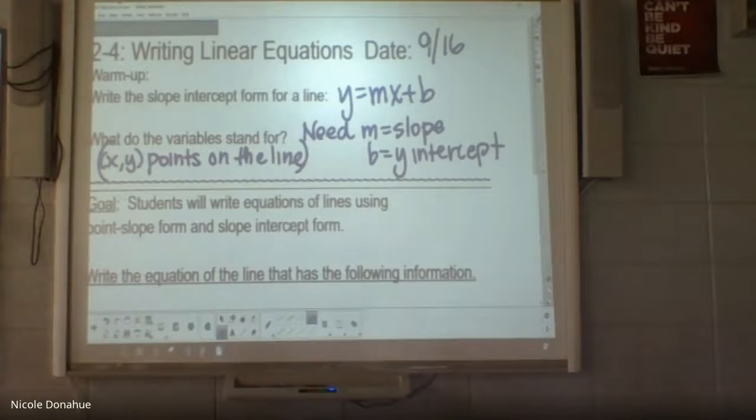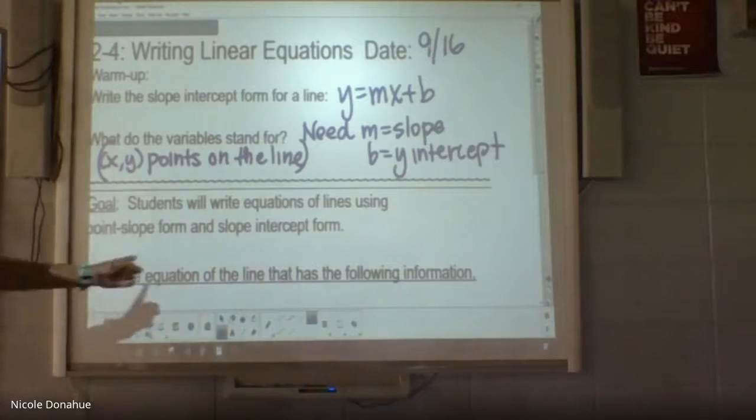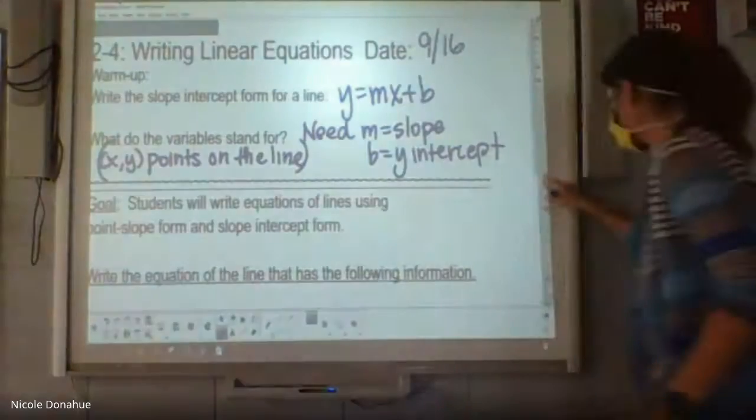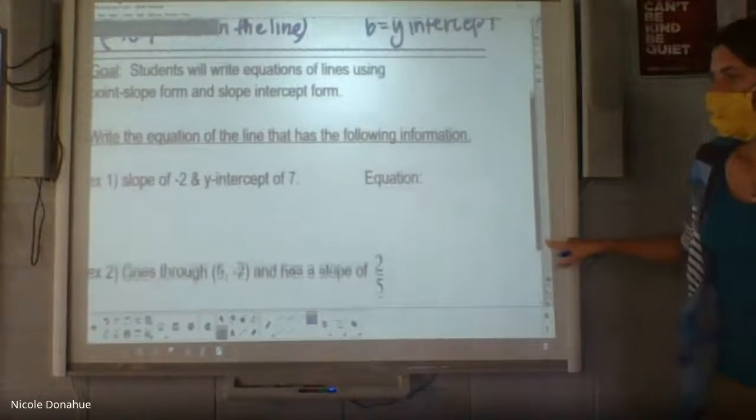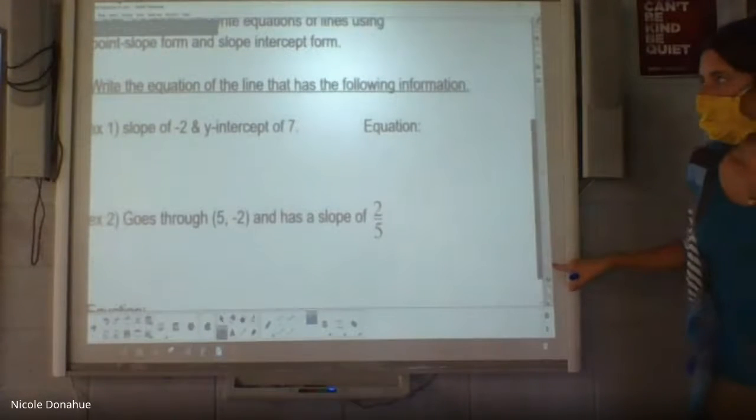So we're going to write an equation of the line in a lot of different ways today. They're going to give us different information, and we'll have to write that equation of the line using the different information given to us. We will use something called point slope form as well, a little bit here and there if we need it.